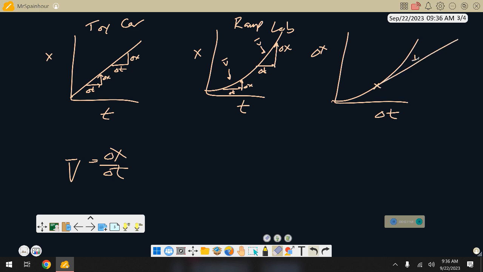This is called a tangent line. Let's use a different color. The slope of a tangent line is the slope of that curve right there. Real quick, guys, hopefully we've noticed this already.